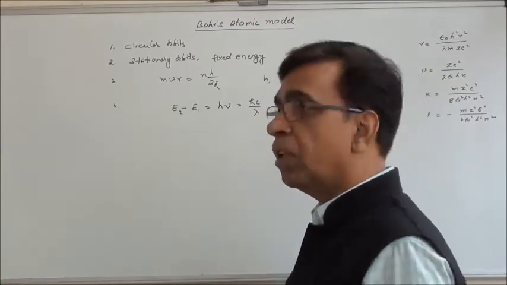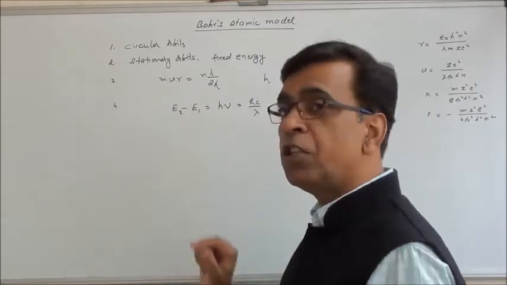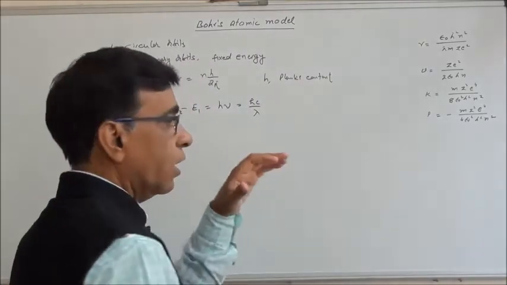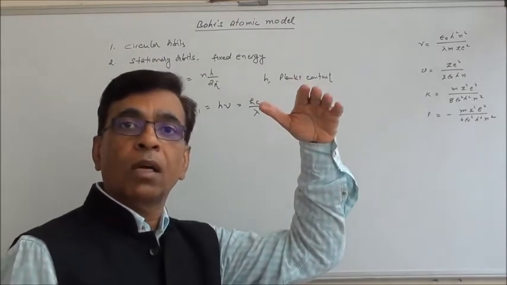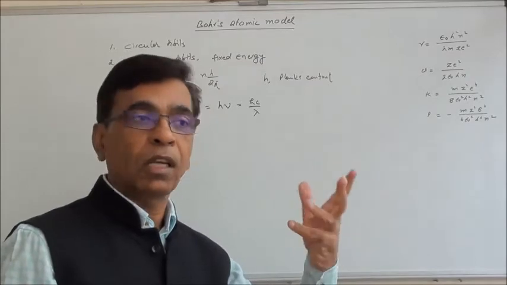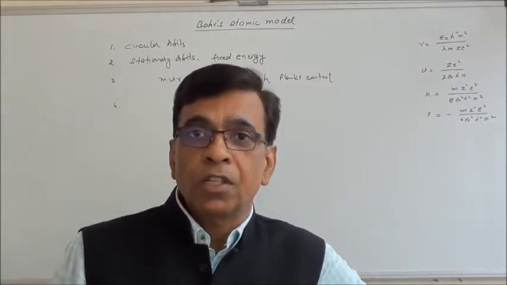Now, the wavelength of the radiations emitted in the hydrogen spectrum will depend on the energy of the electron in the two orbits. E2 is the energy of the electron in the higher orbit, E1 the energy of the electron in the lower orbit. He calculated this value. E is the sum of kinetic energy and potential energy.